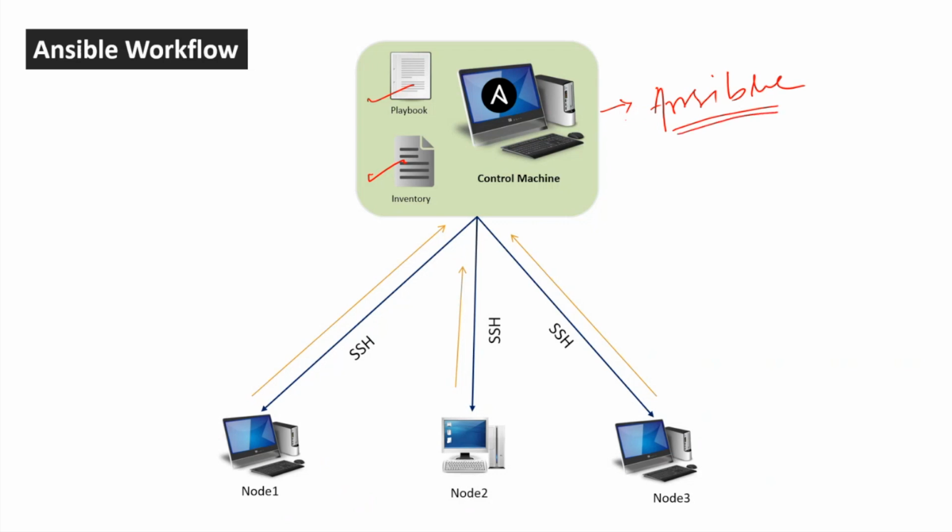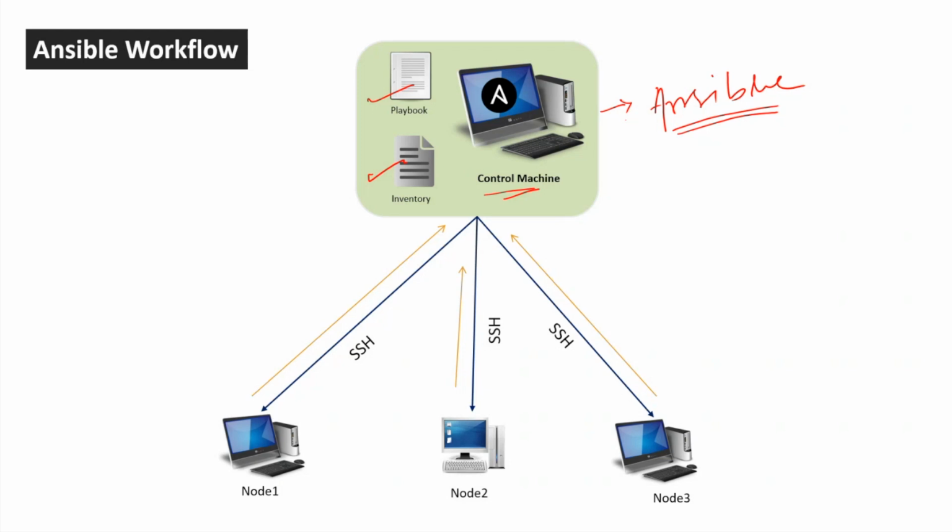Remember, the playbook and inventory will be kept on the control machine. That could be a question they ask you: where do you keep your playbook and inventory? They can twist the question or trickily ask where you keep the Ansible, and you have to keep the playbook and inventory on the control machine.